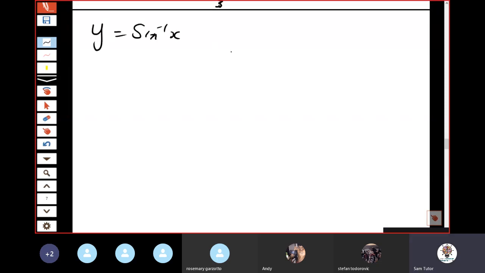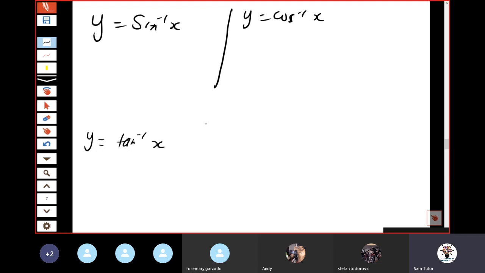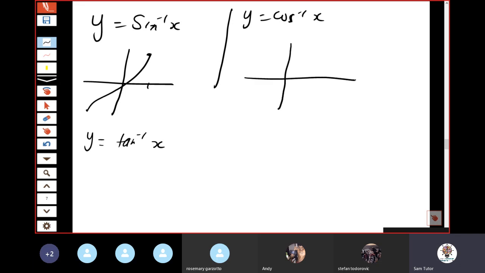Just like any graphs, you've got to learn how each one looks and their domain and ranges. Your normal trig functions go on forever. Your inverse trig functions don't go on forever, so there's actually a domain and range for them. Inverse sine should be like that. I'll get the exact numbers out. Again, I'd rather not get anything else wrong.